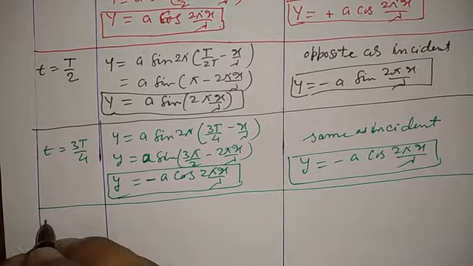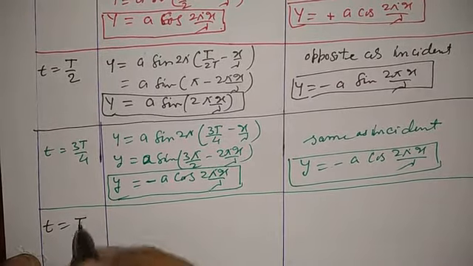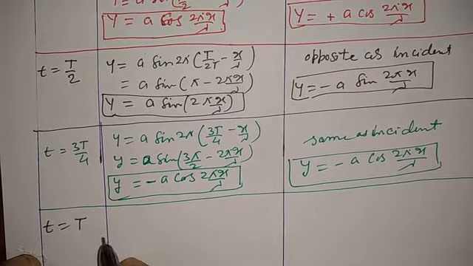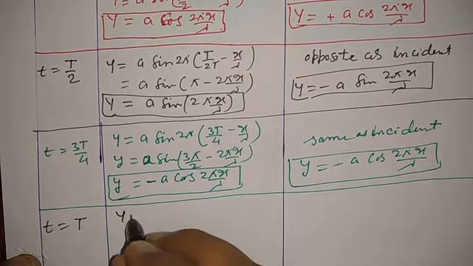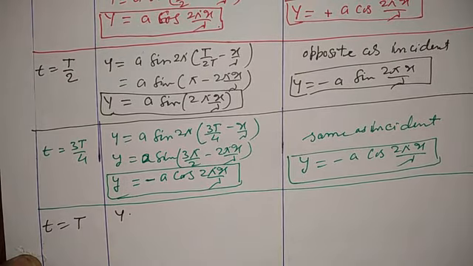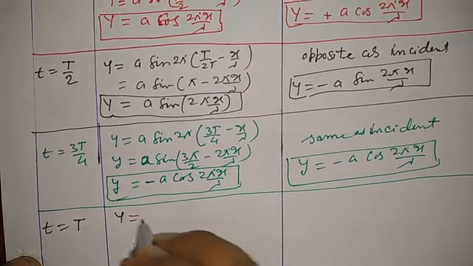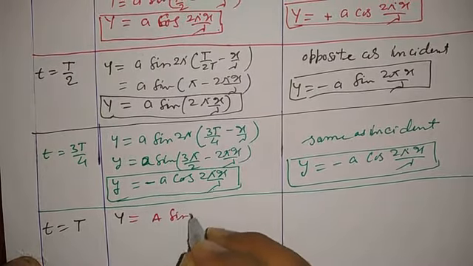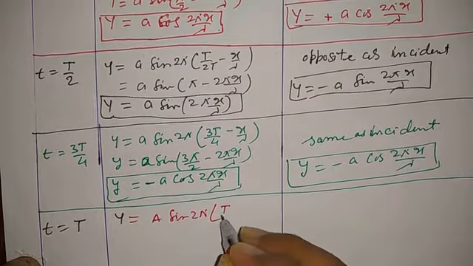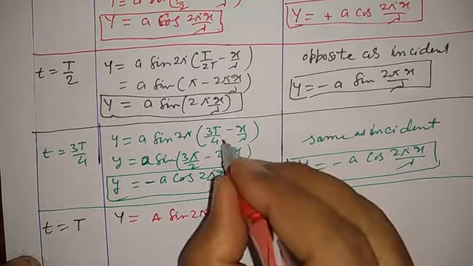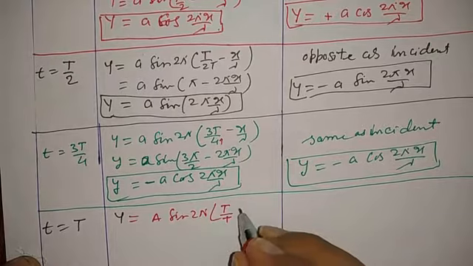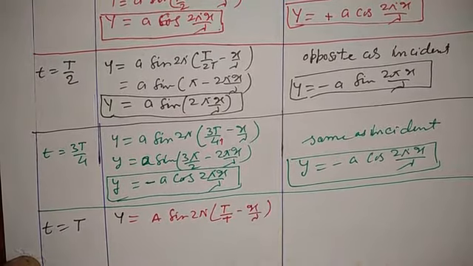Now we want to see when time is equal to the time period T. In that condition, see how the equation changes. Y is equal to a sine 2 pi t by T, this is T here, minus x by lambda.